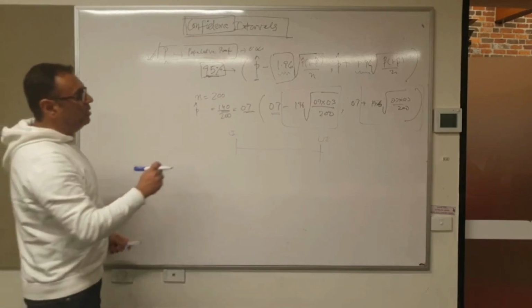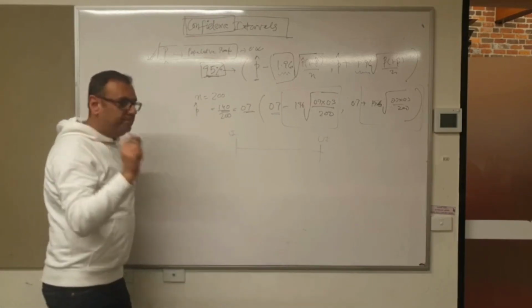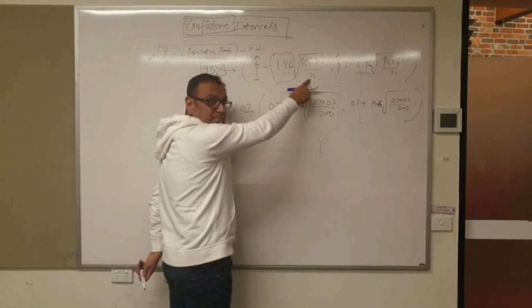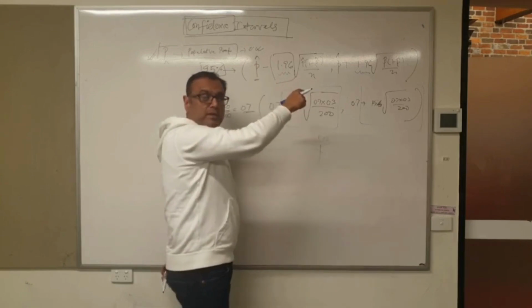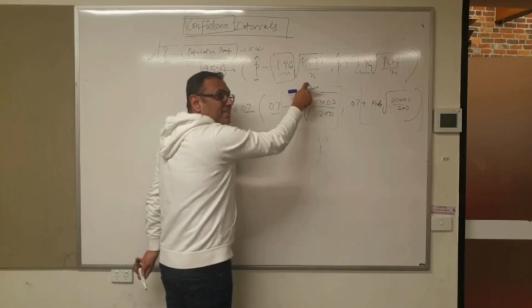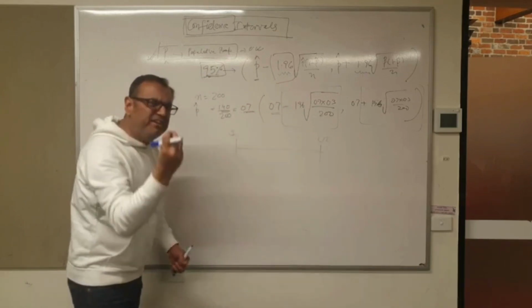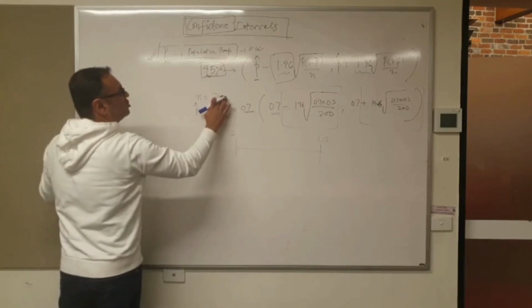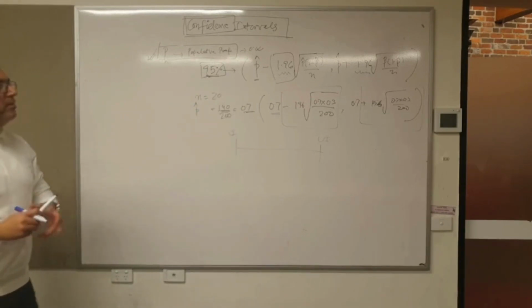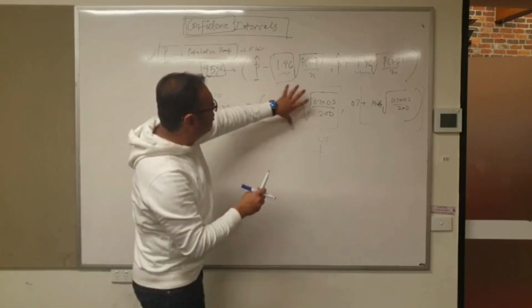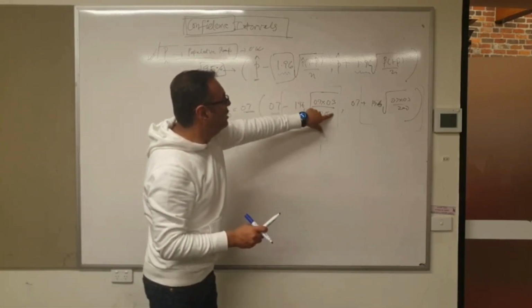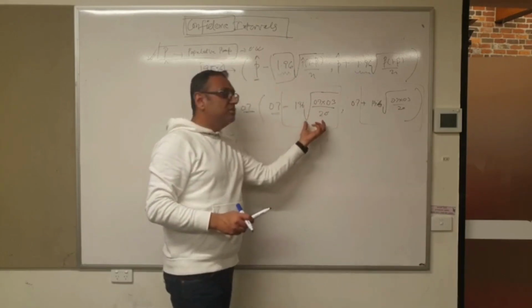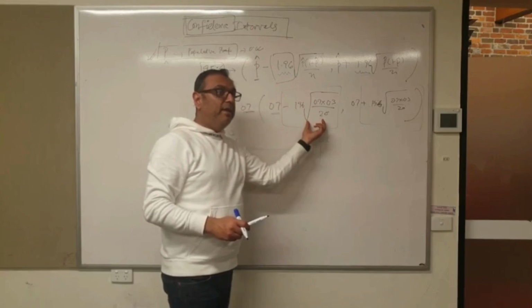Now, a point to ponder upon: if my sample size n is a very small number, let's say I've taken a sample n of not just 200, it's 20. What will happen to this boxed value if this is 20 now? It becomes bigger. Why?